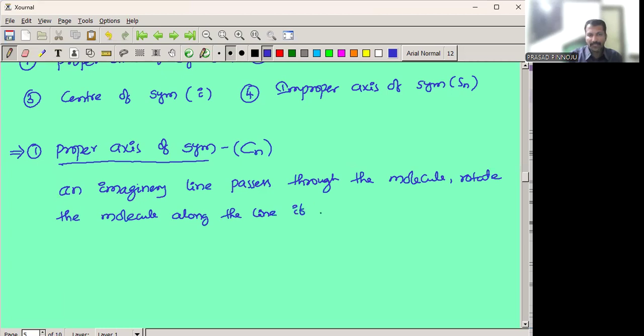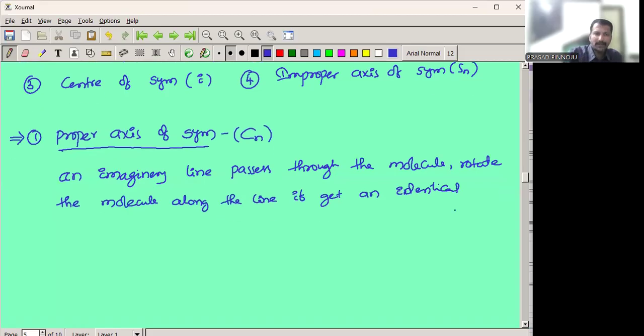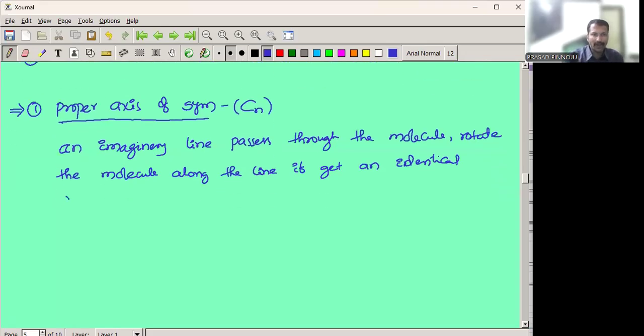If we get an identical appearance, then the line is called a proper axis of symmetry.